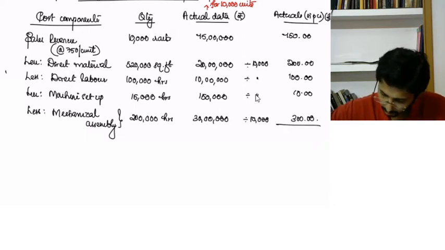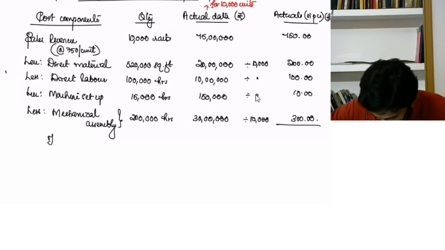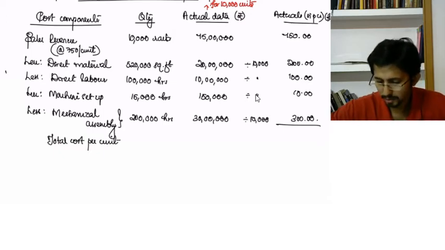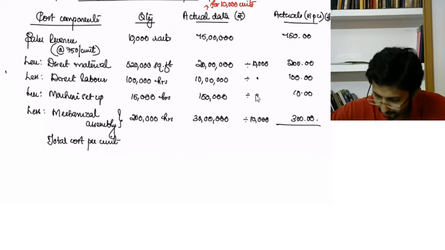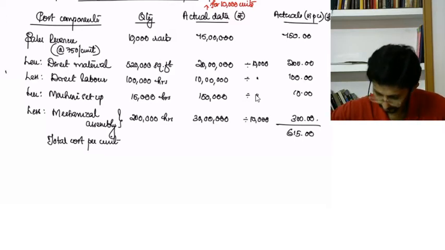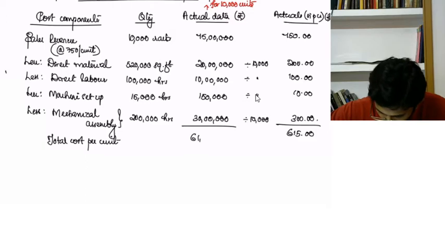So total cost per unit: 200 plus 100 plus 15 plus 300 is 615. Okay, then total cost here will be 61 lakh 50,000.